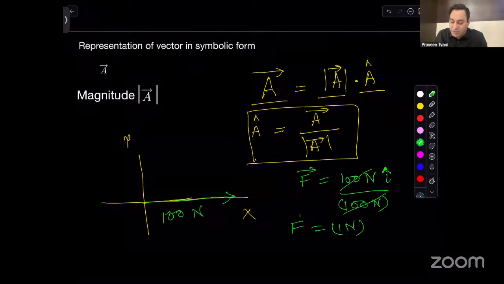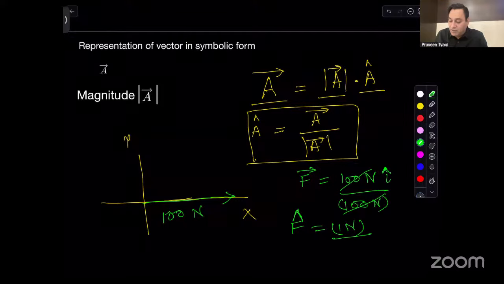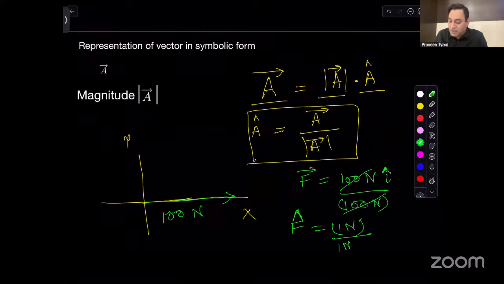This will only remain a unit vector along the x-axis. It will not be 1 Newton; 1 Newton divided by 1 Newton is dimensionless, and it will be a unit vector along the x-axis. So please understand the meaning of unit vector. It is giving you a sense of direction.